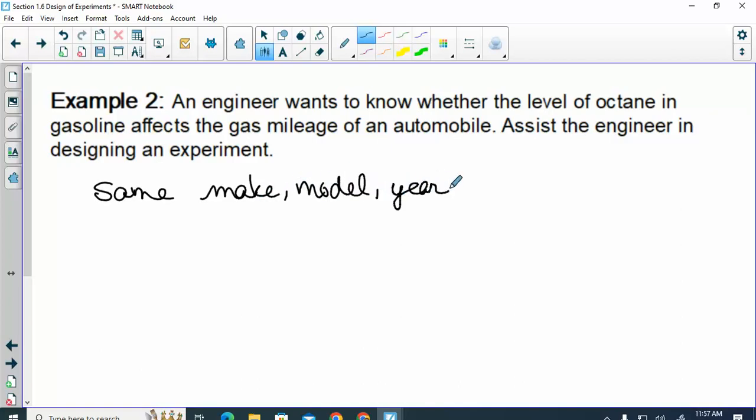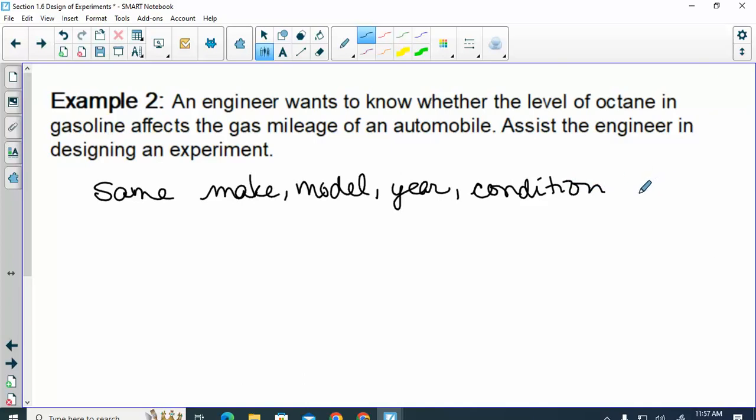What about condition of the car? Yeah, if it's one that has a salvage title on it, could that be different than another car? Yeah. So we need really the same make, model, year, and condition.